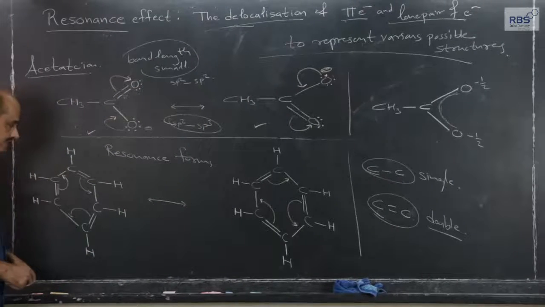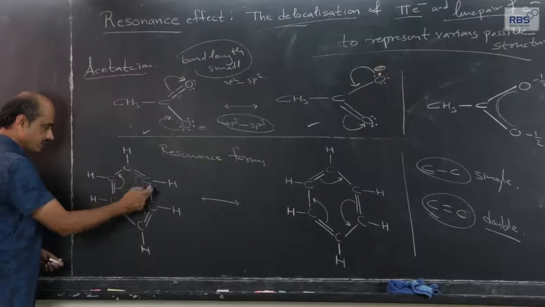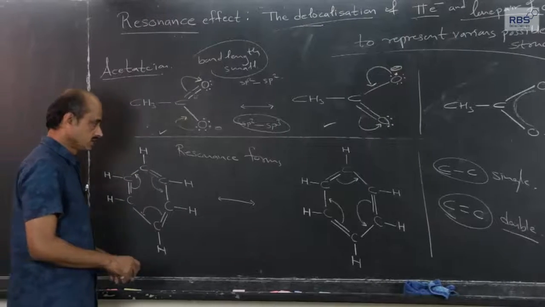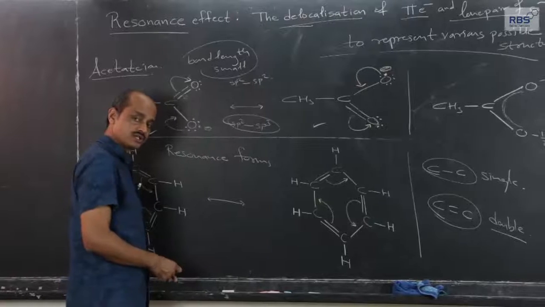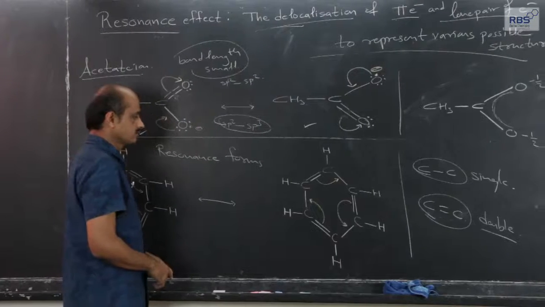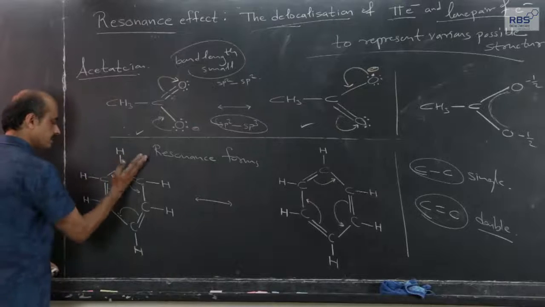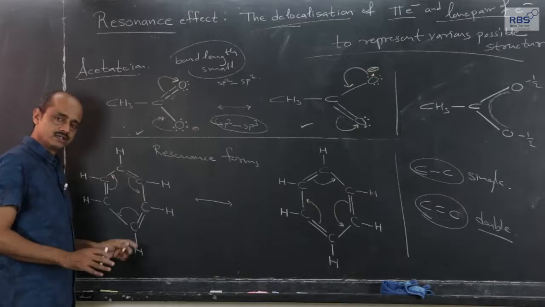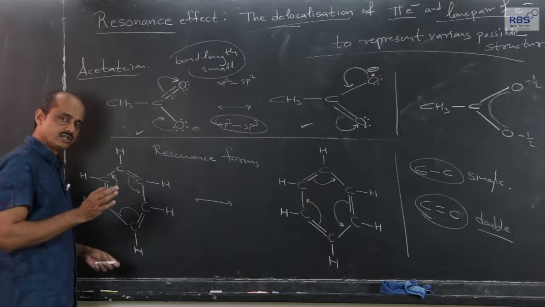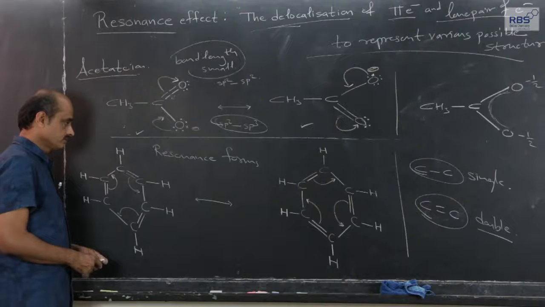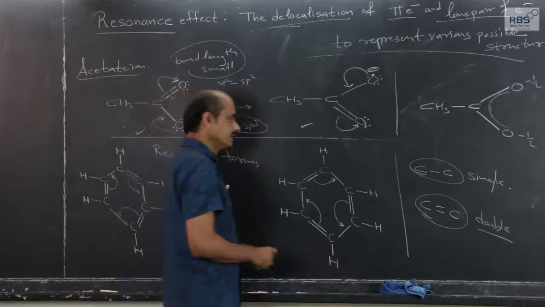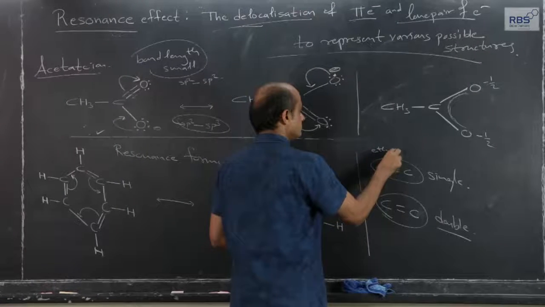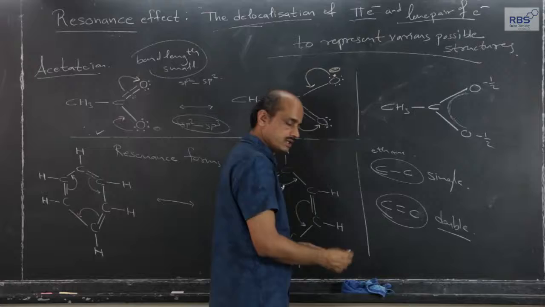Actually, what we have observed is that all the 6 carbon-carbon bond lengths in benzene are identical, and the amount of energy required to break a carbon-carbon bond is also identical, and the actual amount of energy required to break is in between what is normally required for a carbon-carbon single bond in ethane and a carbon-carbon double bond in ethene.